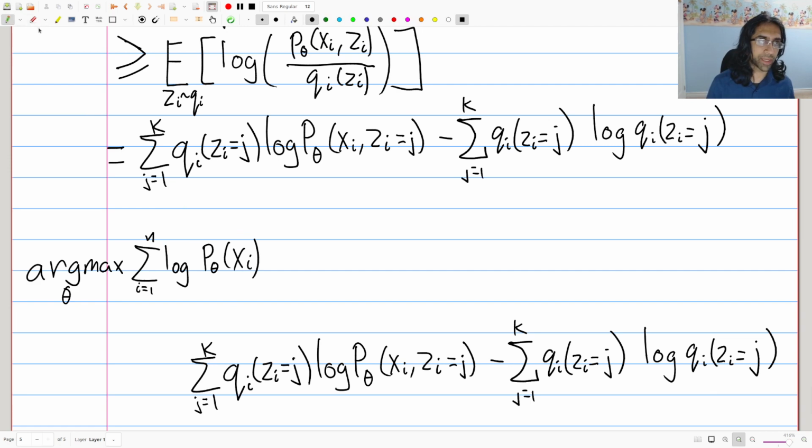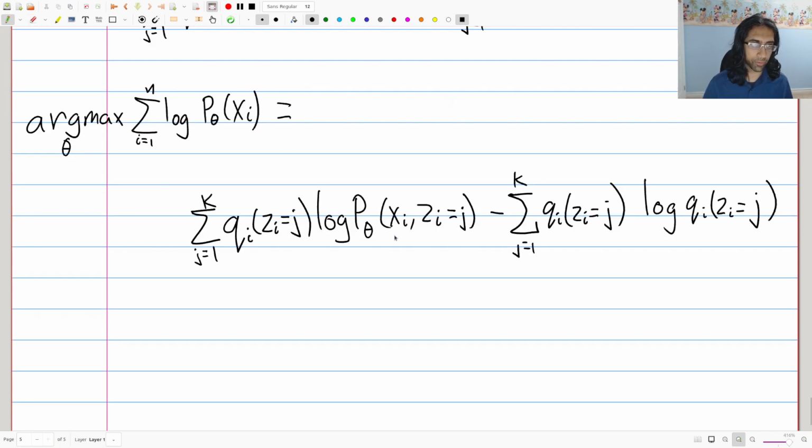Okay, let's recap what we did for all this work. Well, we basically rewrote this entire expression here, and we showed the following. This is an argmax over theta and qi.